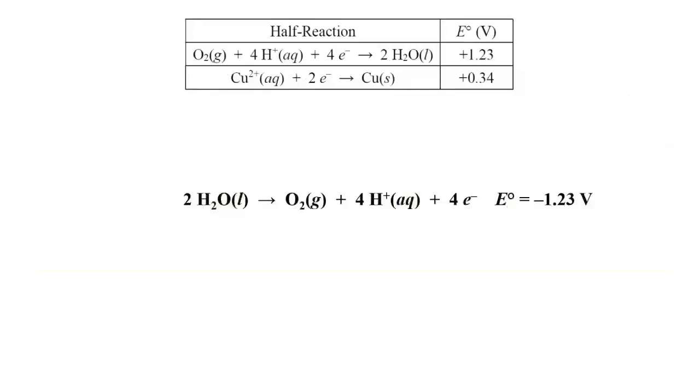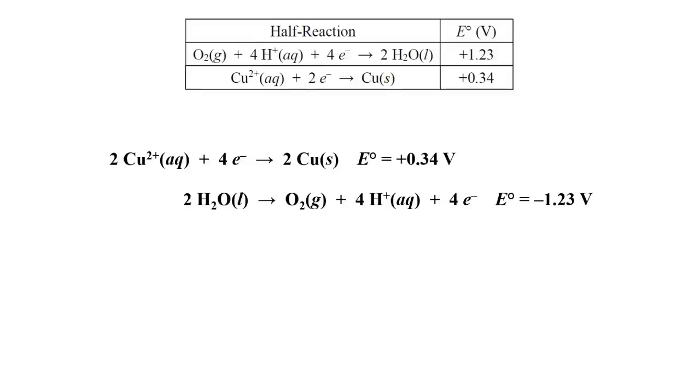Remember that earlier in this problem, we discovered that the electrons lost, which are 4 electrons in the oxidation half reaction, had to be equal to the electrons gained in the reduction half reaction. So you may recall that earlier we had to multiply that copper half reaction by the number 2 to get the electrons to balance or to cross out on opposite sides of the equation.